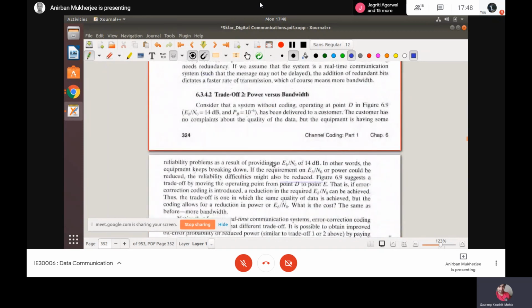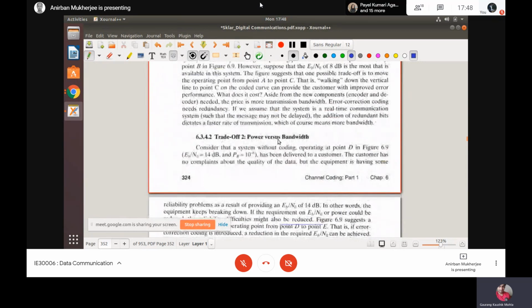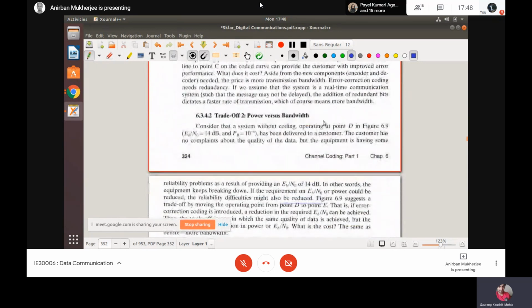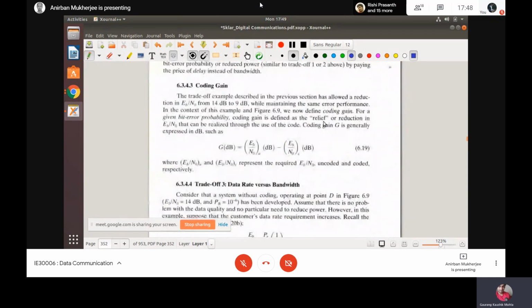So this is about power versus bandwidth. So what about the coding gain?